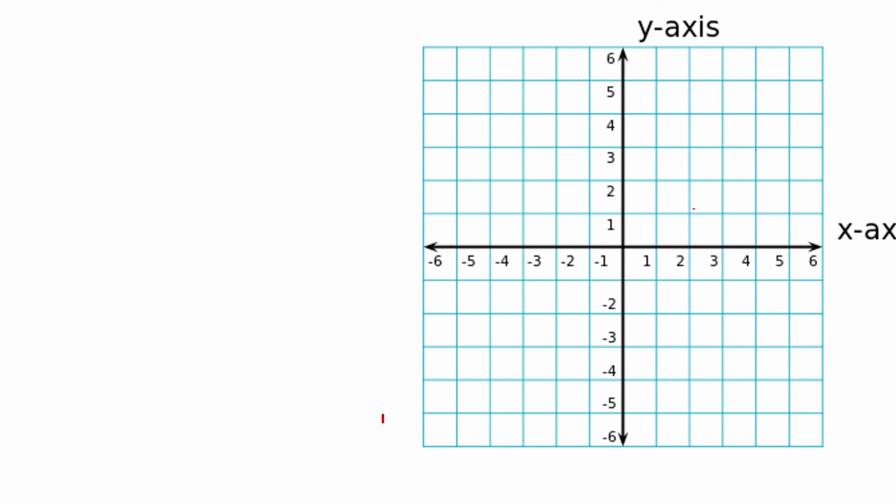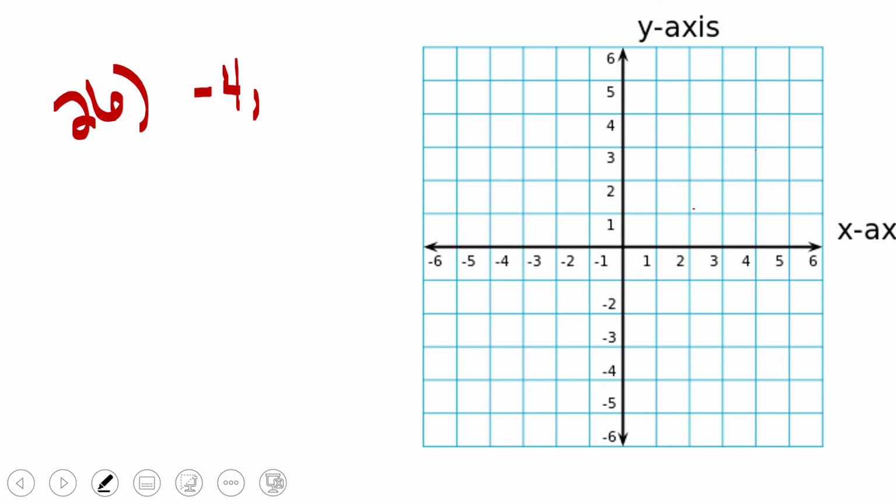All right, you're asked to graph a line from a given point and slope. Let's do number 26. You're given -4, 0, and you're given a slope of 6. Let's plot our point. -4, we go back on the x-axis, 4, and 0, y.